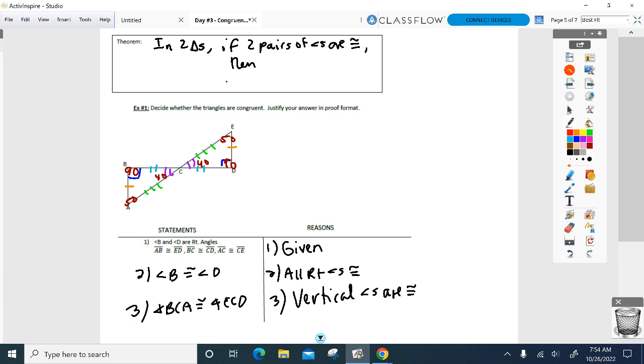If two pairs are already congruent, then the third pair are congruent. Third angles theorem. But you got to have the first two pairs congruent before you say the last pair.